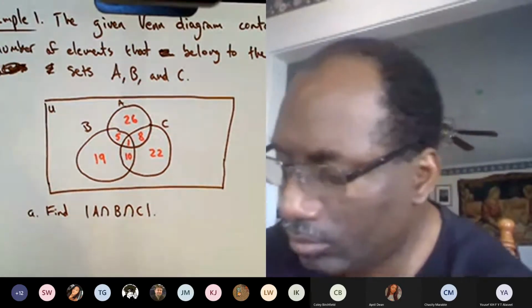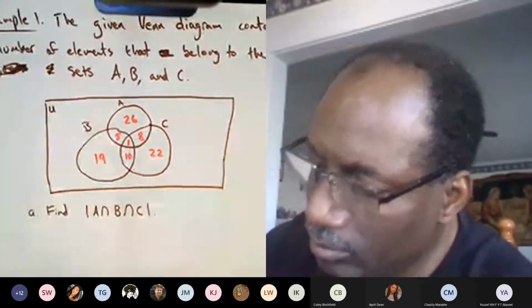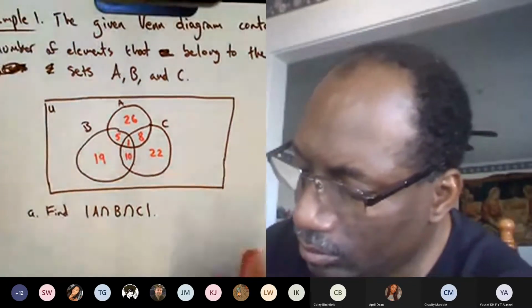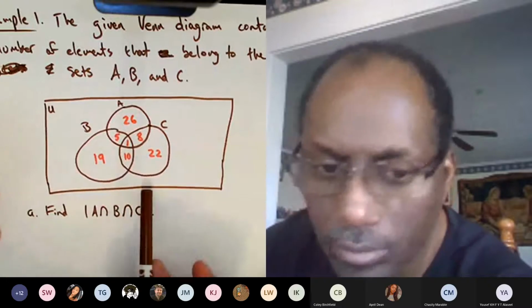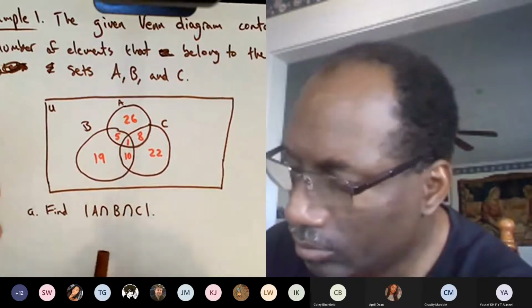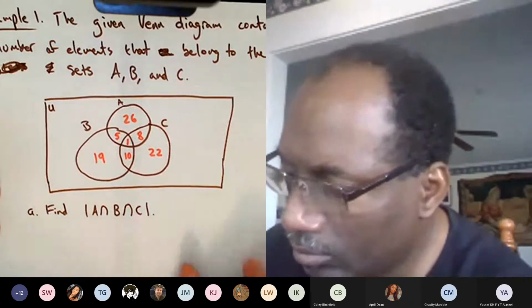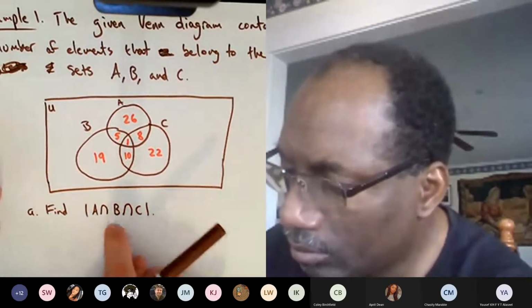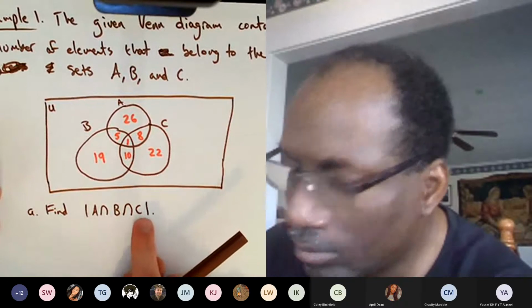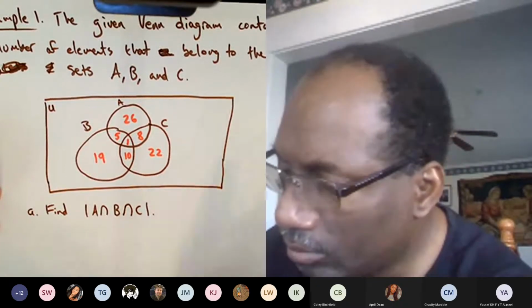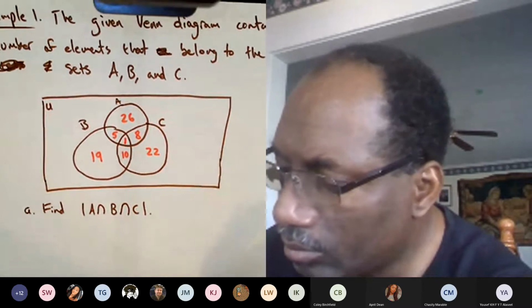Let's see what we're doing here. The first question says to find the cardinality, meaning the number of elements, in A intersect B intersect C. You've normally seen these grouped with parentheses, but that's not happening here, because the order doesn't matter.